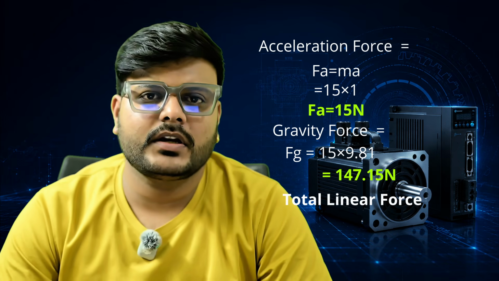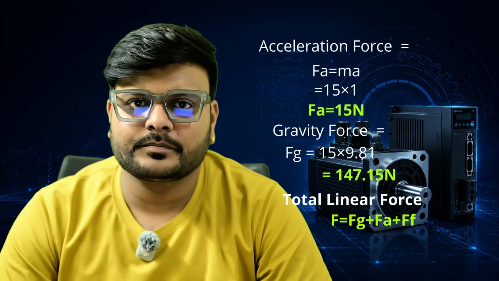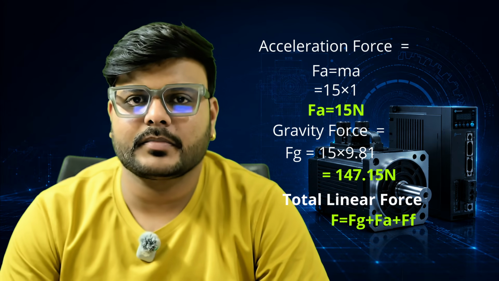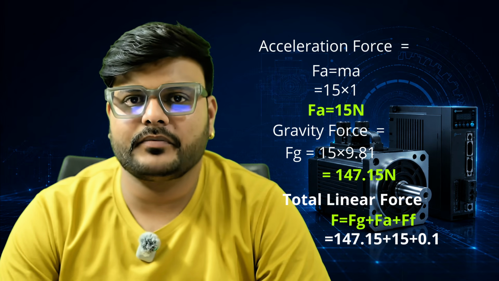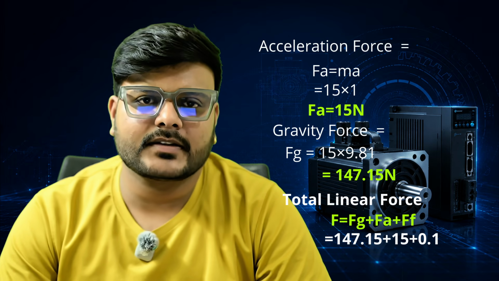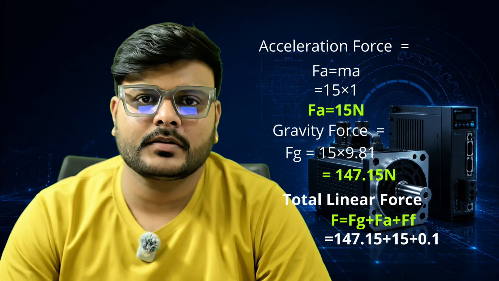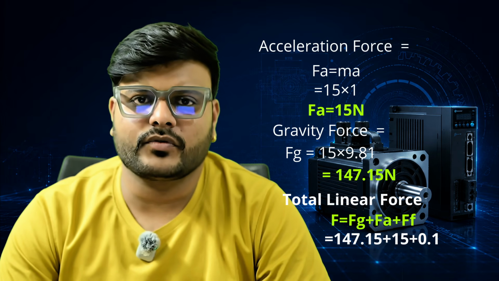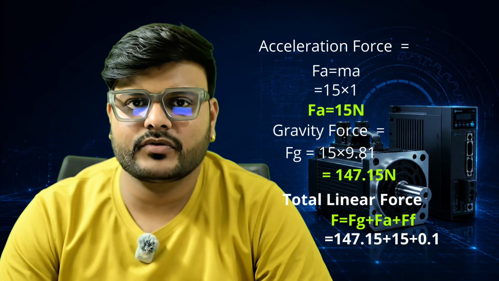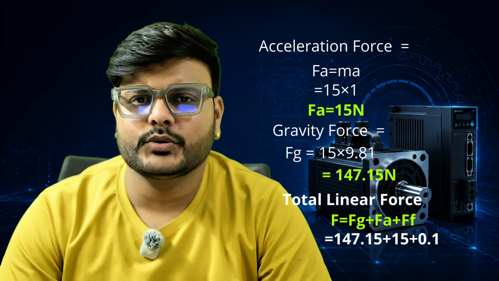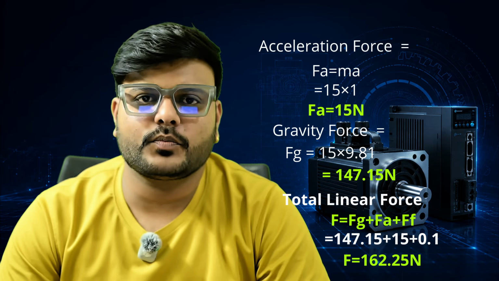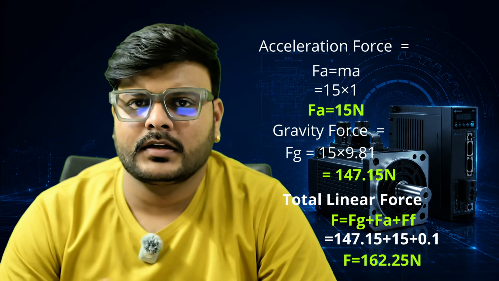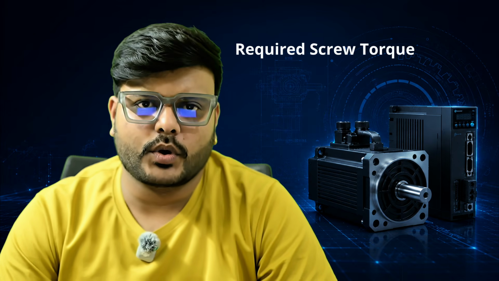Our total linear force is gravity force plus acceleration force plus frictional force. Gravity force is 147.15 plus acceleration force 15 Newton plus frictional force, which we are considering as 0.1 Newton. So we get a total linear force of 162.25 Newton.